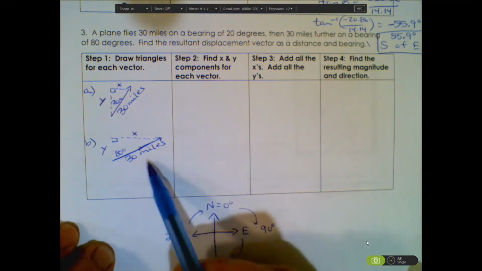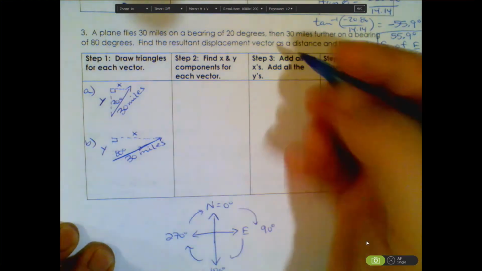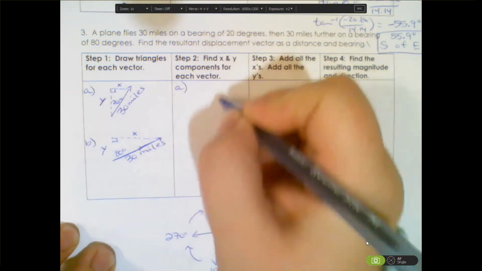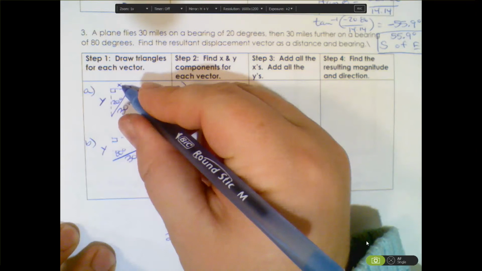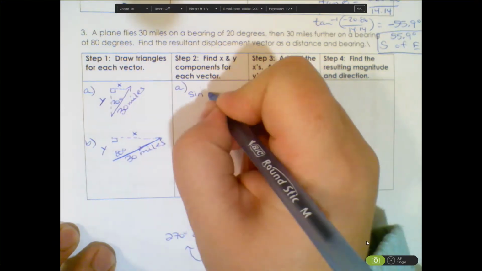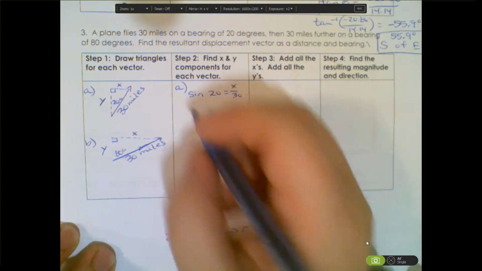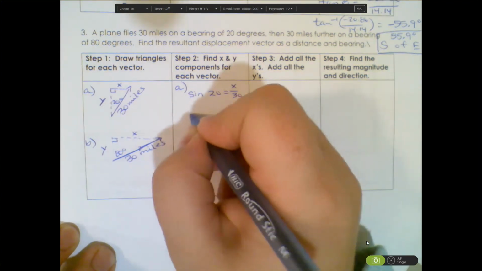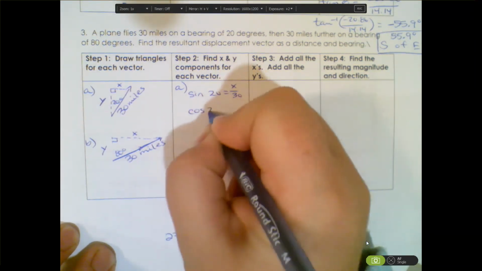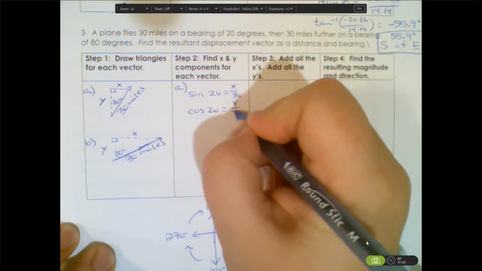Okay, I have my two vectors. I have them drawn so I can find the components. Now I need to find them. So to find the x component here, I'm going to do the sine of 20 equals x over 30. Then for the y, I have the cosine of 20 equals y over 30.